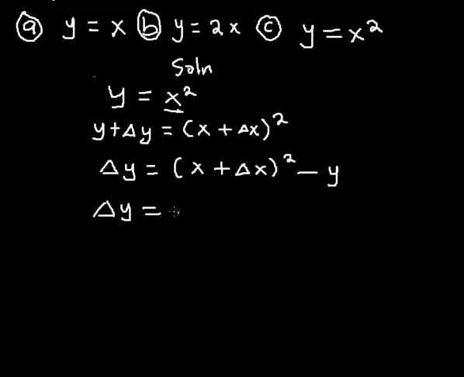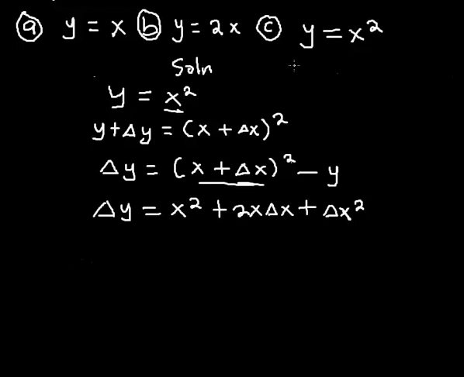If you expand this, definitely you're going to have x squared, then plus 2 times x times delta x, that is 2x delta x. If you don't know how to use this shortcut, you can do that in a rough. And of course plus delta x squared. So that is the expansion of this bracket, x plus delta x all squared.